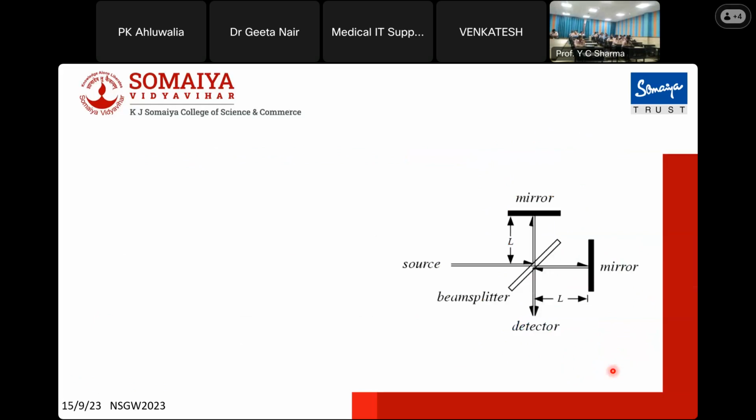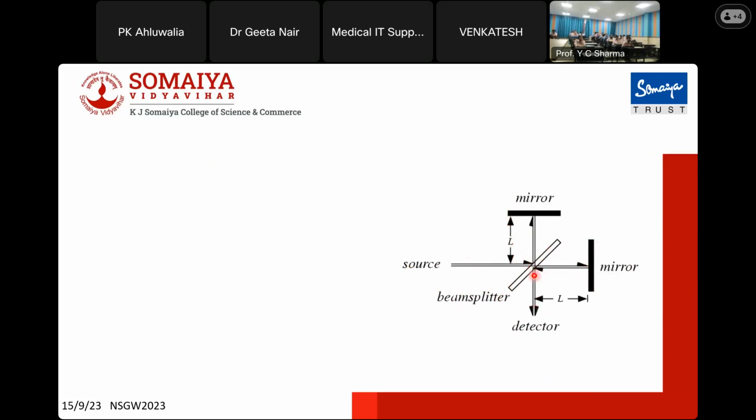This is the experimental arrangement. I will not go into details about the experiment because I think there is a session on the Michelson-Morley experiment. So you have a source and then there is a beam splitter, which is a semi-transparent mirror. This mirror is going to split the light into two perpendicular portions. The light which goes here hits the mirror, and the light which goes here hits the mirror.